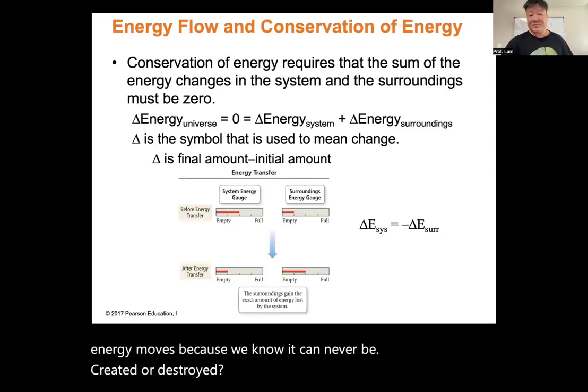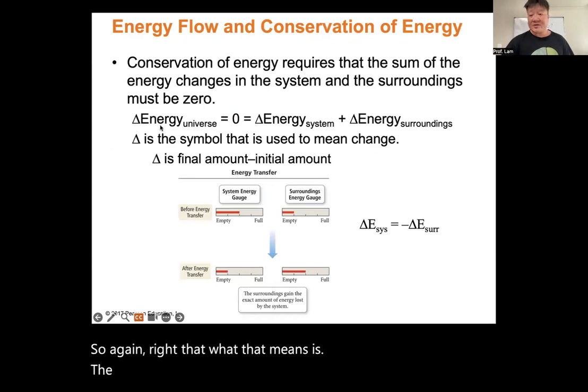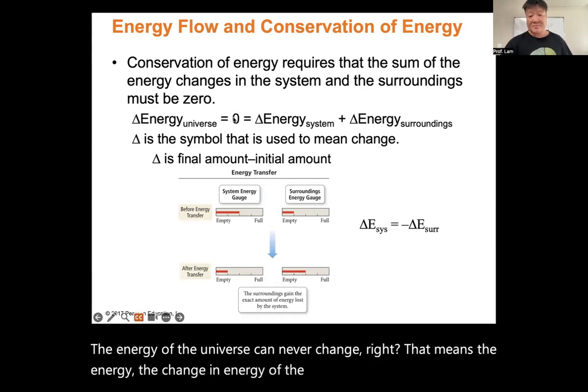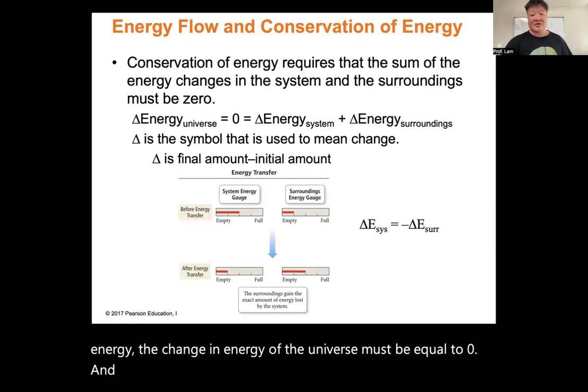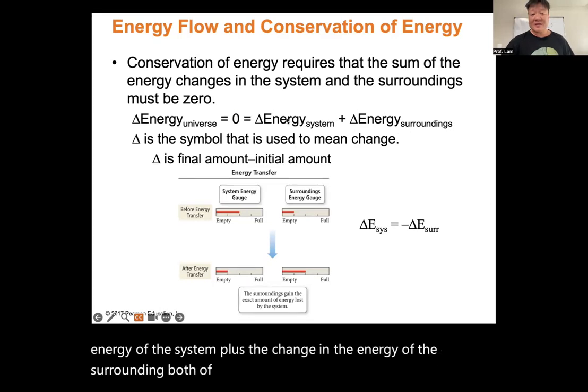So again, what that means is the energy of the universe can never change. That means the change in energy of the universe must be equal to zero. And since the change in energy of the universe is the change in energy of the system plus the change in energy of the surrounding, both of these have to add to be equal to zero.